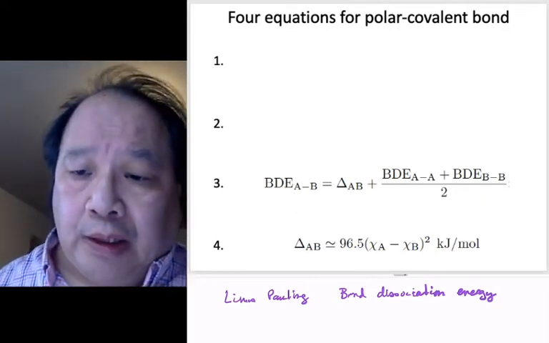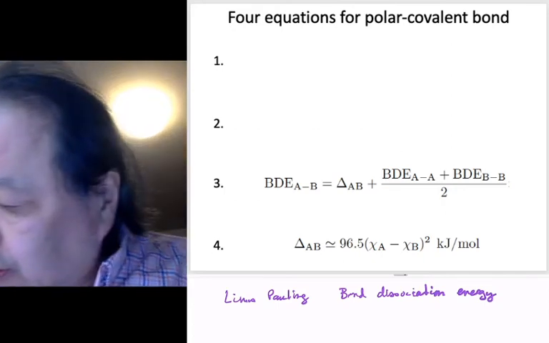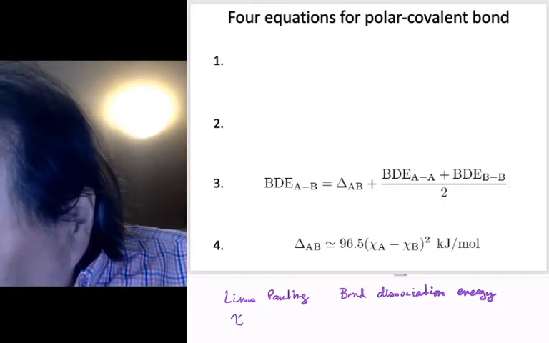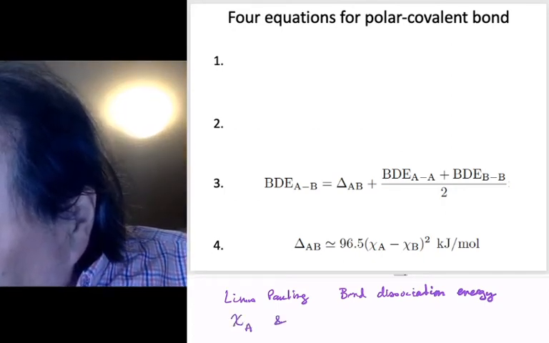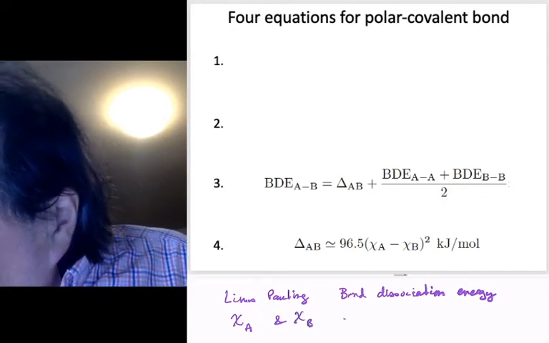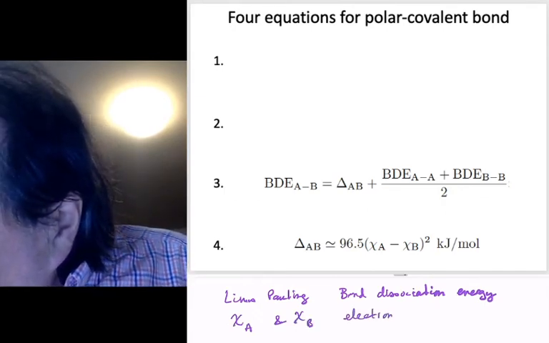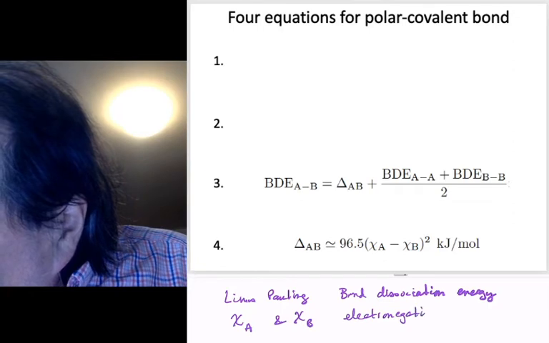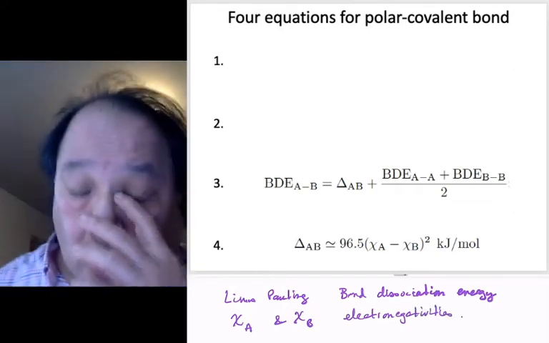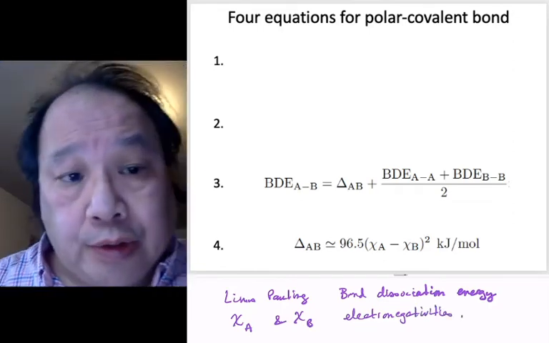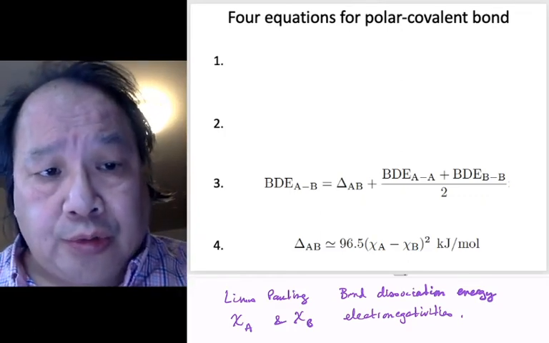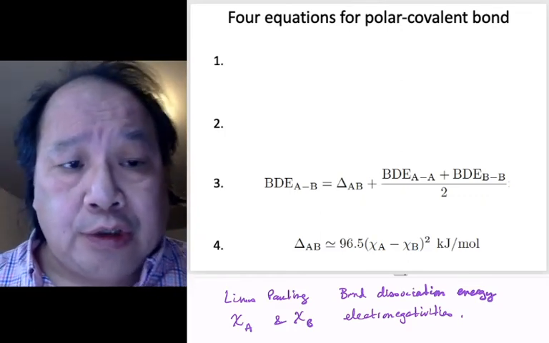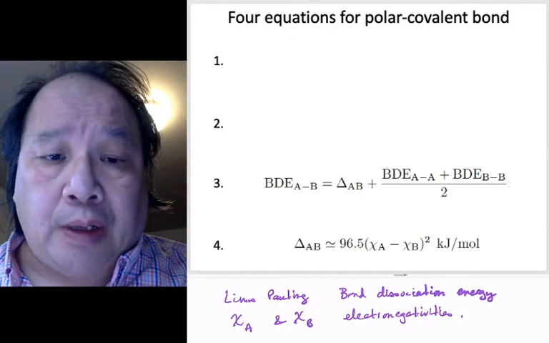And delta AB follows that equation there, and there's this Greek letter chi A and chi B, which are the electronegativities. So a large difference in chi leads to an increased energy, and this is due to the additional ionic character of the polar covalent bond.